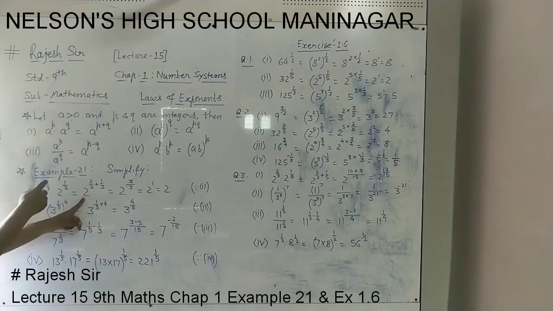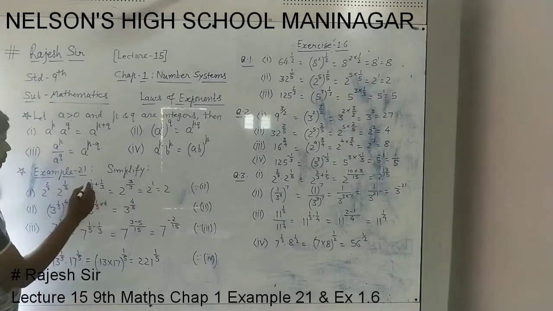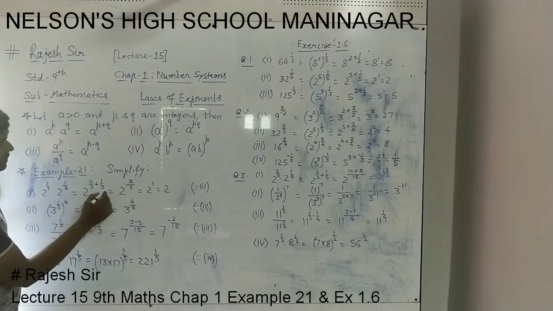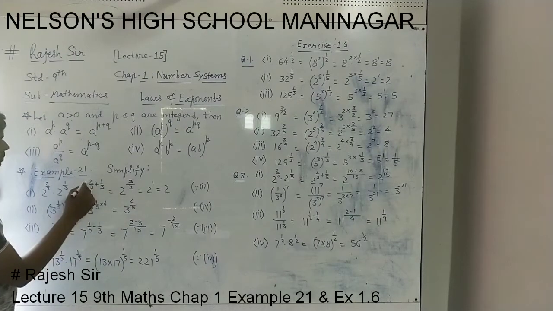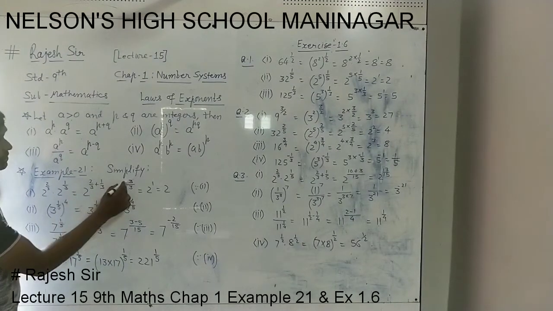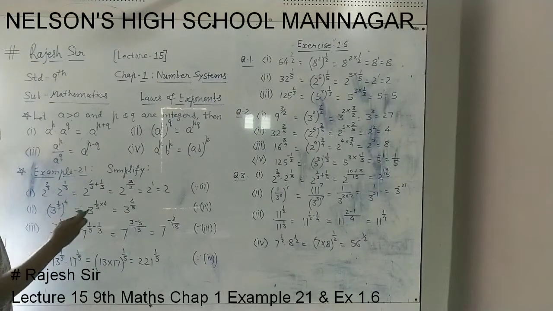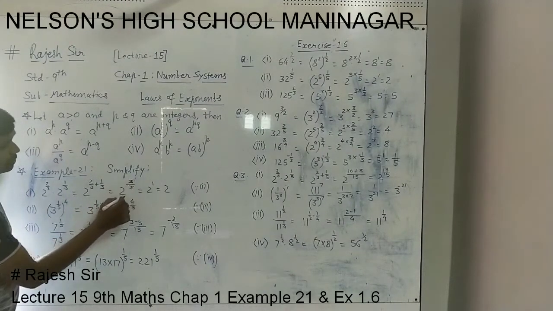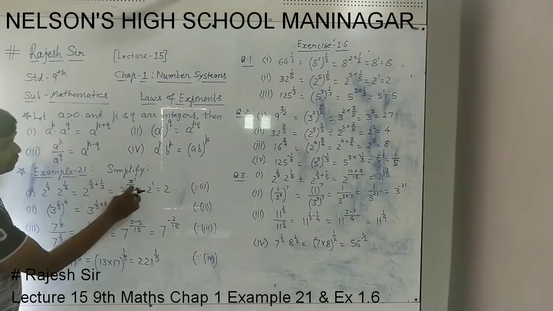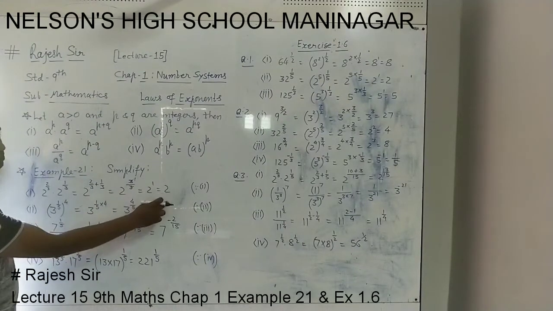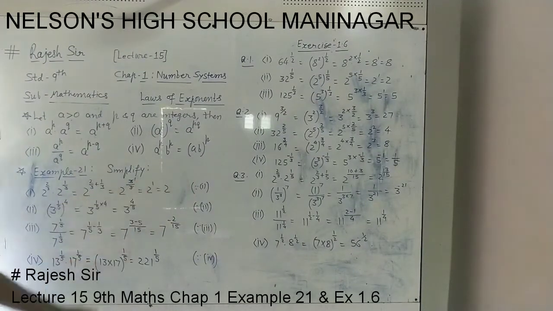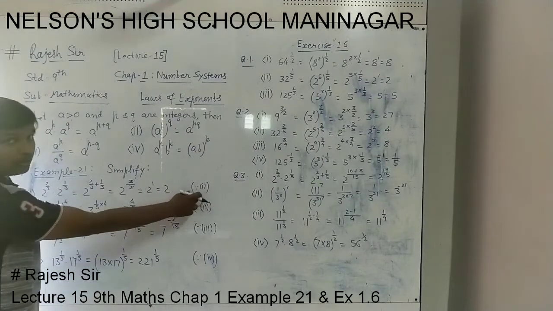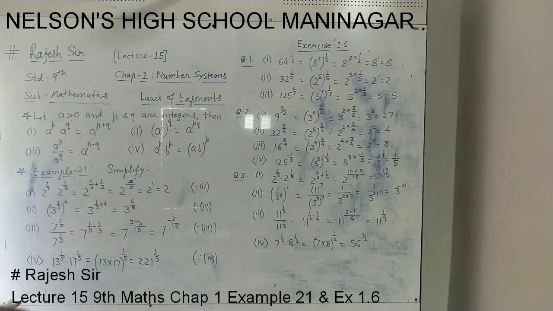So 2 raised to 2 upon 3 plus 1 upon 3. In that, 3 is the LCM. 2 will be 2, 1 will be 1, 2 plus 1 is 3. 3 upon 3 will be cancelled. So 1. So we have 2 raised to 1, which means 2. Law number 1 is used. So here I have written: by our first law, it is solved.